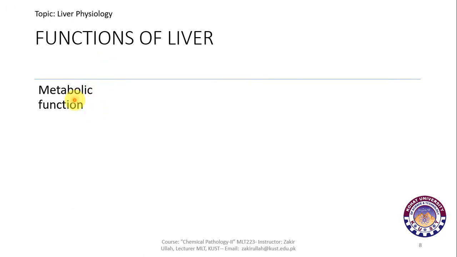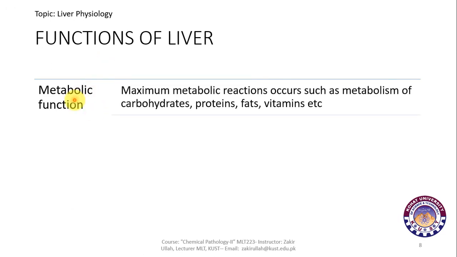This is the major function of the liver, as we know that most of the chemical reactions, most of the metabolism of the proteins, carbohydrate, fats, vitamins and minerals which are received from the digestion of food and which is transferred from the small intestinal tract to the liver through blood.